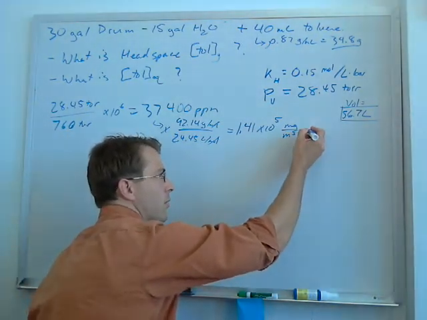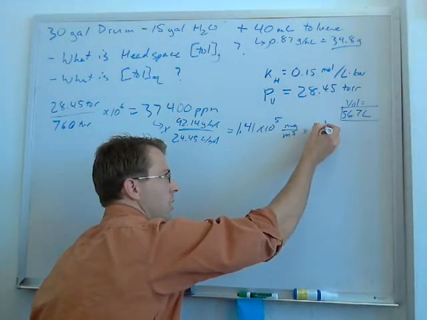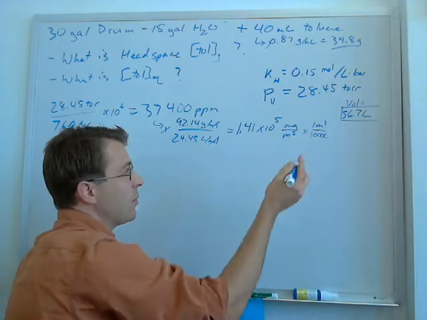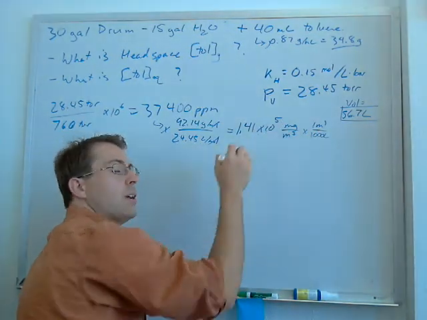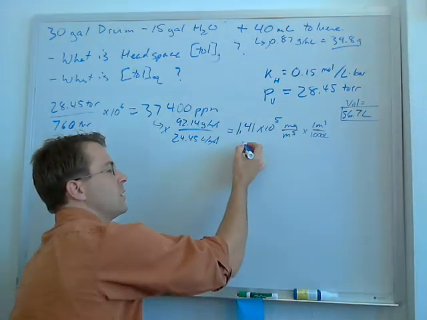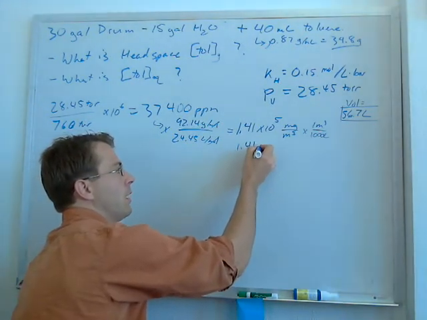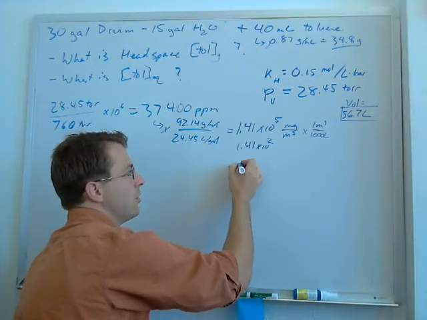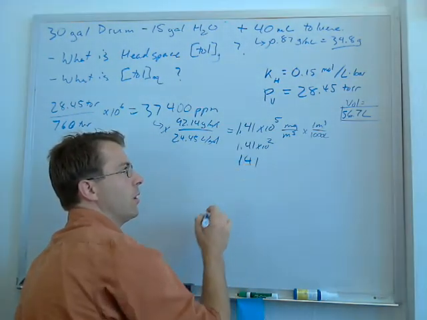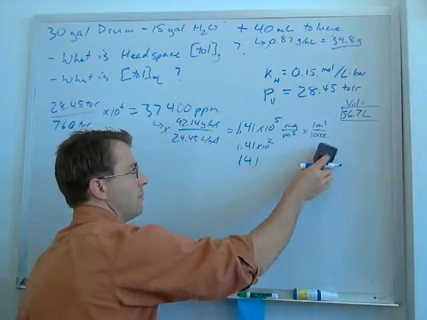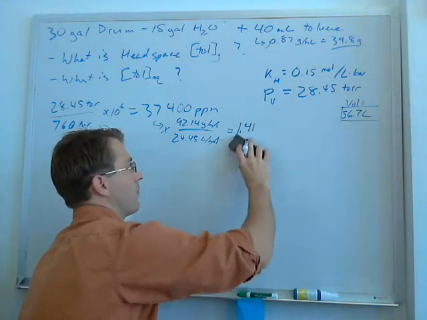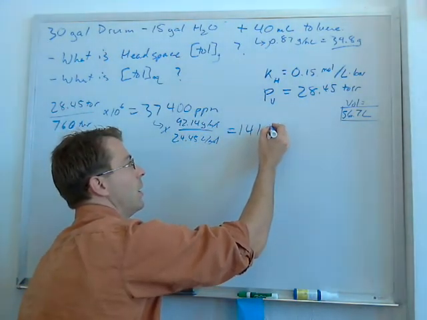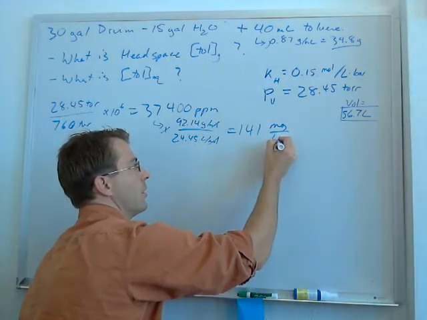So if we convert, 1 cubic meter is equal to 1,000 liters, we're just going to divide this by 1,000, which is going to take 3 away from our exponent, which gives us 1.41 times 10 to the 2, or times 100, so 141. All right. So that equals 141 milligrams per liter.